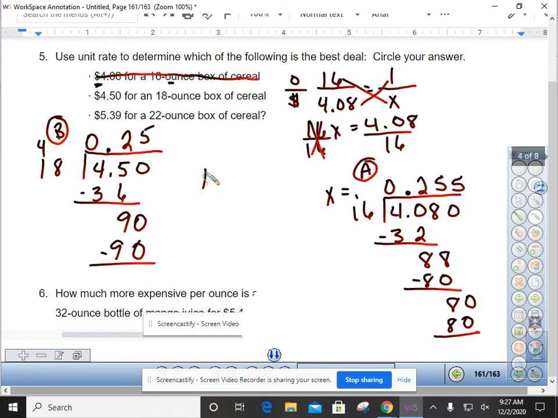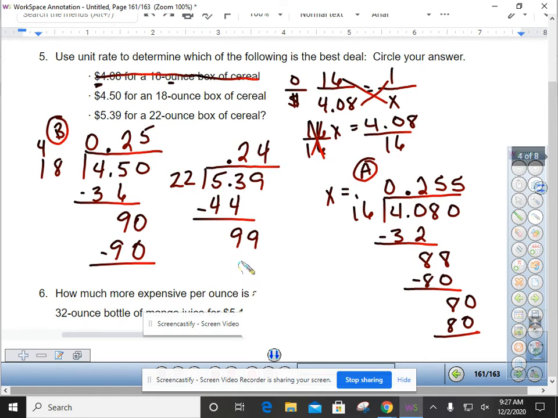Now we got to do the next one. And 22 into 53, 2 times, you get 44. That's 9. Bring down the 9. 22 into 99, 4.